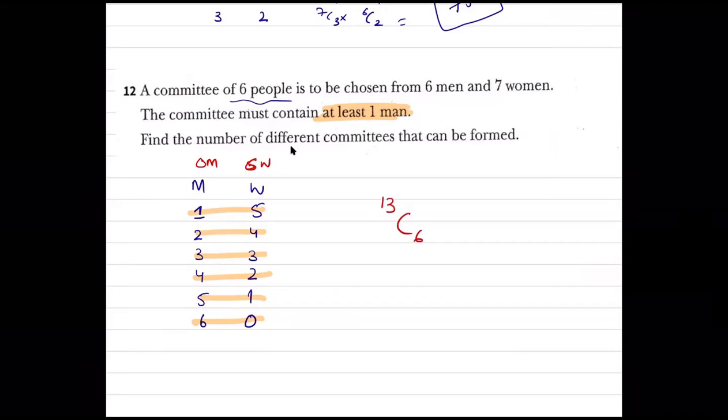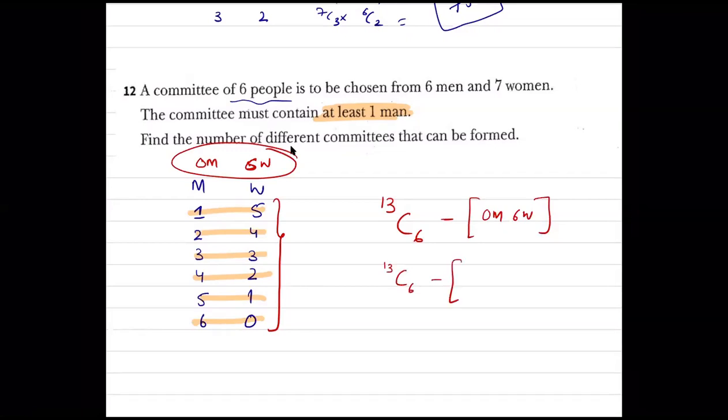Yes. But I want this as my answer. So instead of calculating all of these terms individually, can I do this? I calculate this possibility and then subtract it from here. Are you getting the point over here?